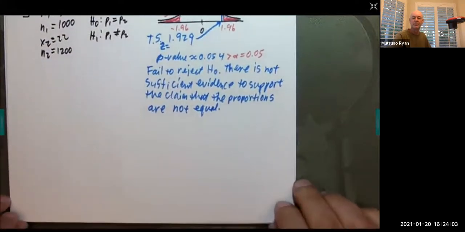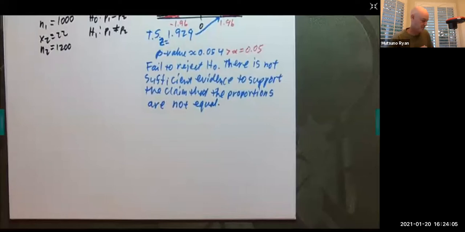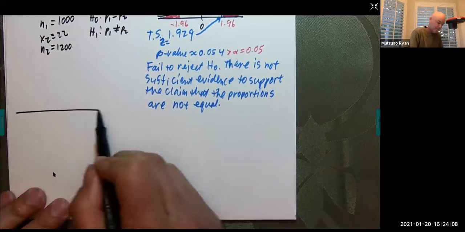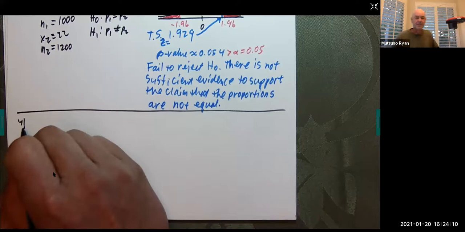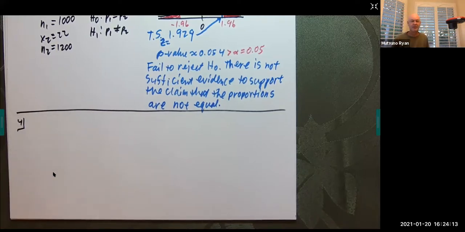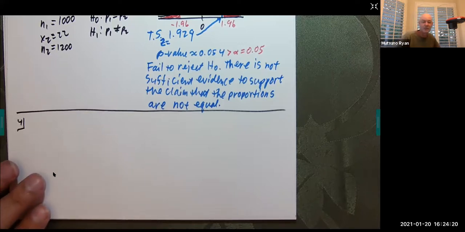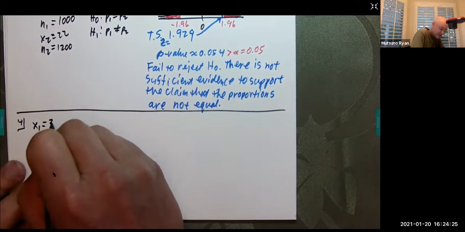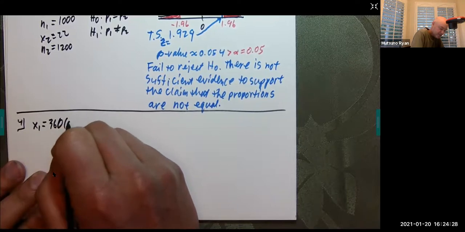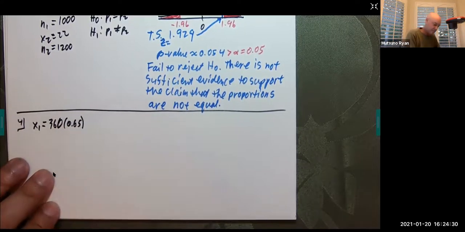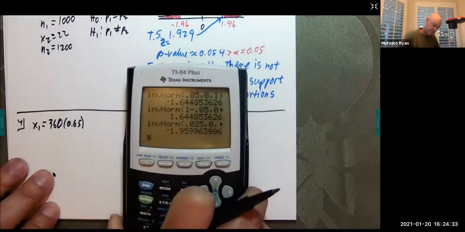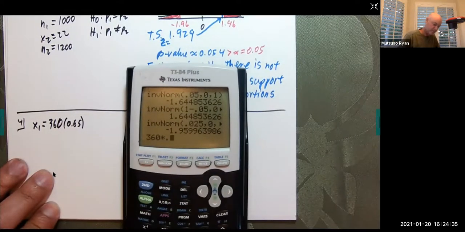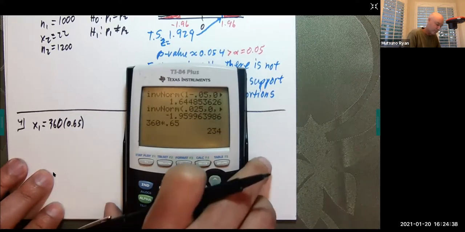See if I can squeeze number 4 down here. All right, so we have a random sample of 360. It says 65% of them favored stricter gun laws. So my X sub 1 is actually going to be 360 times 0.65, so 234.